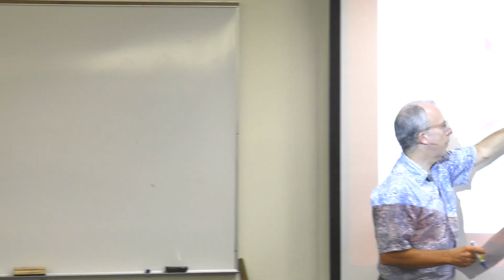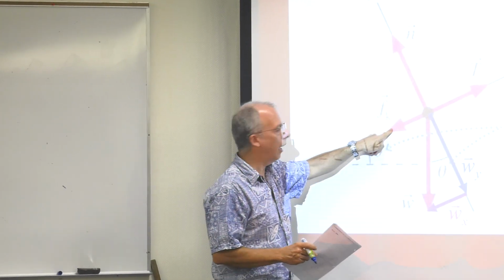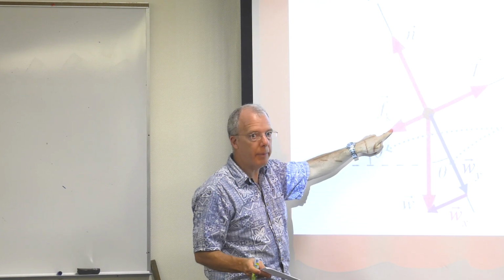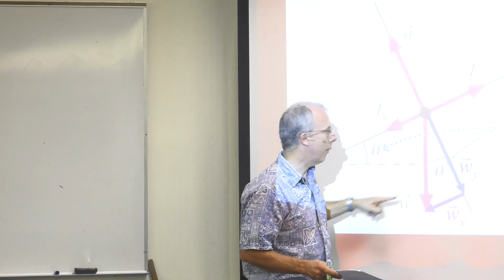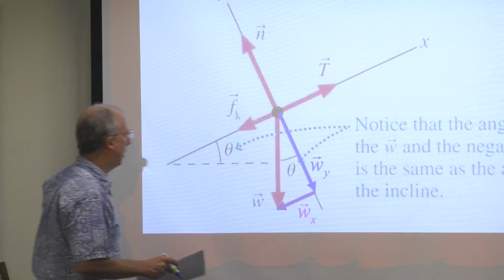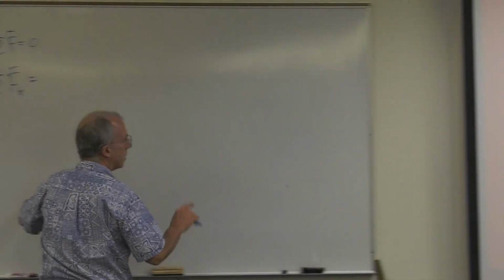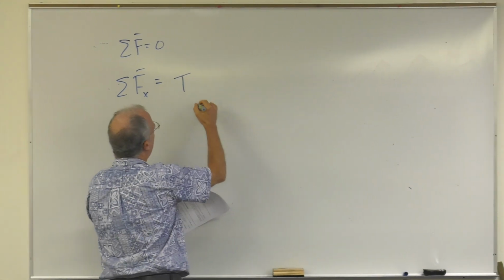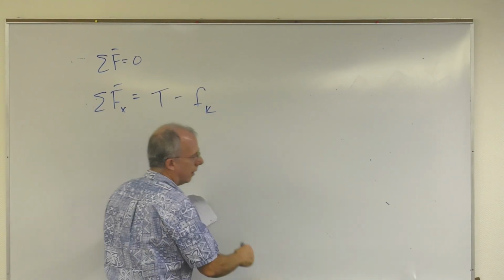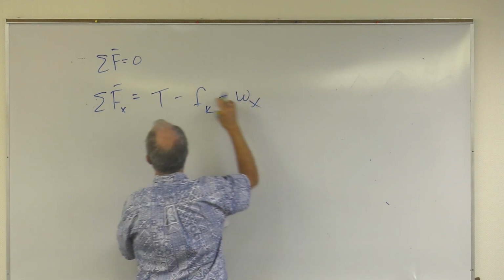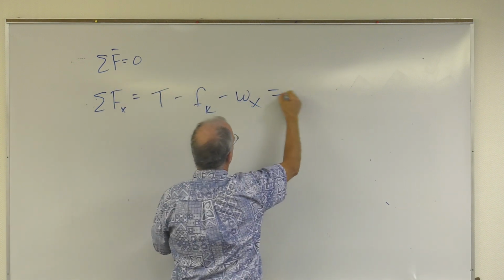Well, we have an x force there, we have an x force there, and now we have another x force, right? Because we tilted. Now we have an x force there as well. And remember, that way's plus, that way's minus. So the sum of the x forces: T to the right, and fk to the left, and wx to the left, and that equals 0.